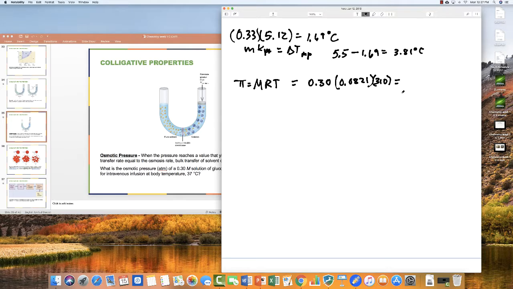If you do the calculation here, you should get 7.6 atmospheres. So if this side is pure water and this side is 0.3 molar glucose, the osmotic pressure here is equivalent to 7.6 atmospheres of pressure. So it's actually quite high pressure.